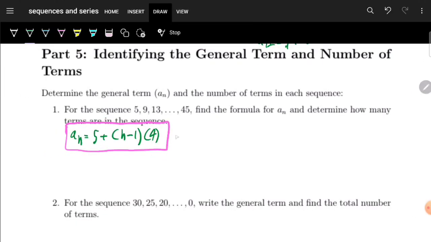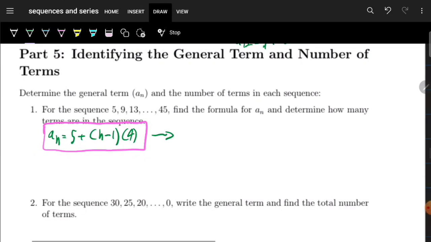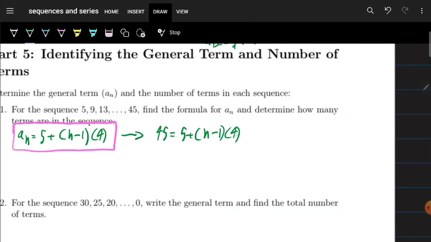How can we do that? Well, we can plug it into our formula. I know that 45 is equal to 5 plus, I don't know which term number it is, so we're going to just leave it as n, times 4. And now we're going to have to solve for n here. To start, we can subtract 5 from both sides. So we get 40 equals n minus 1 times 4.